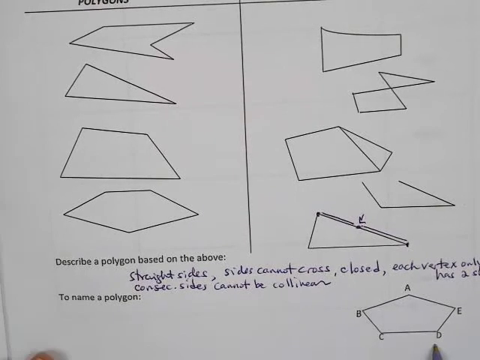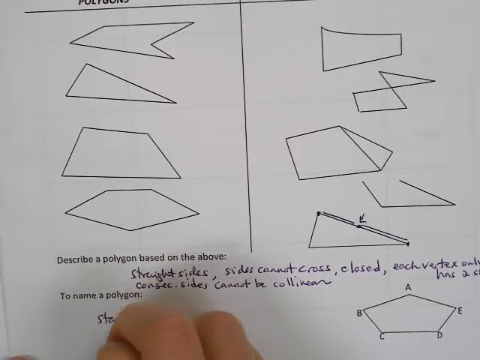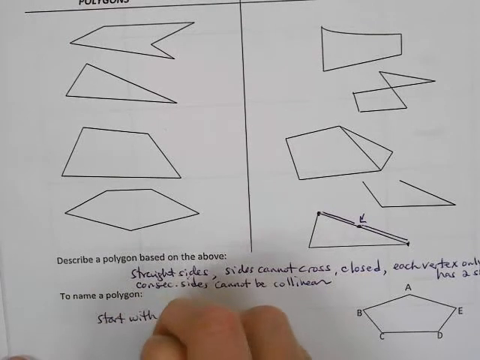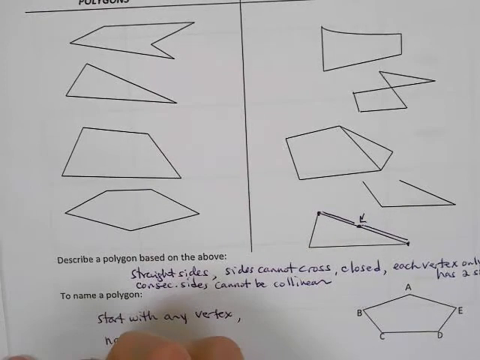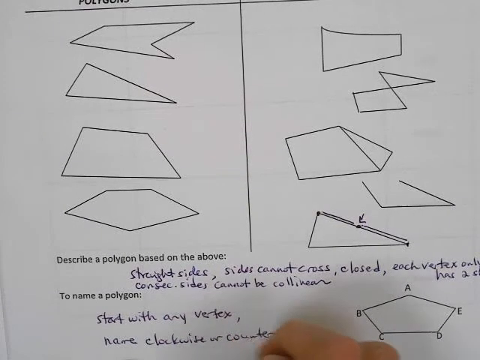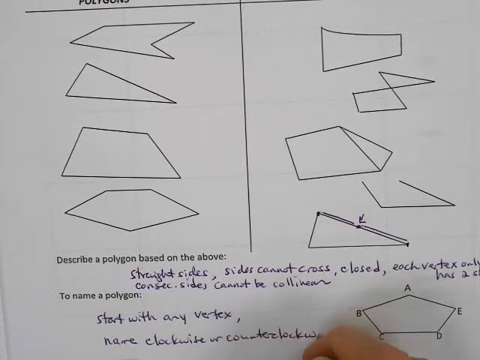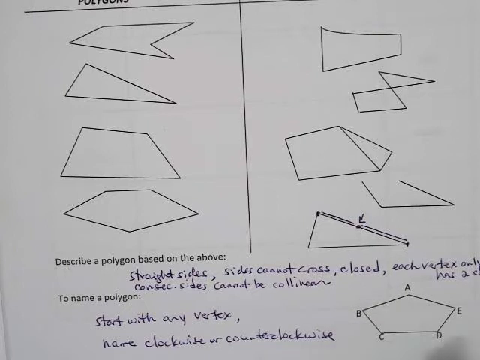But I could do A, B, C, D, E. I could do A, E, D, C, B. I could do C, B, A, E, D. All right, so I'm going to say start with any vertex and then name clockwise or counterclockwise. It does not matter, just so you're moving around in one of those directions.